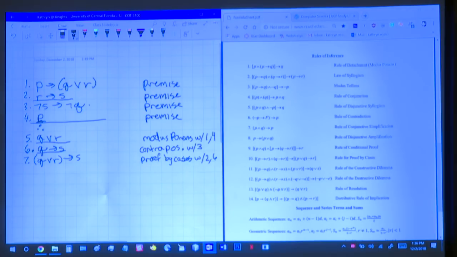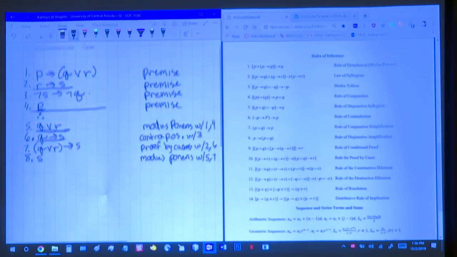And now the last thing we have to do is, because we already have Q or R proved true, we can just write S, and that's modus ponens again, with 5 and 7. So that's all we have for that problem.